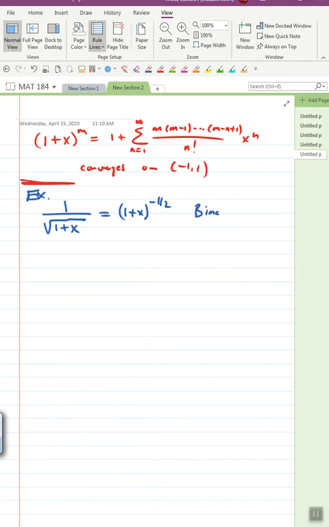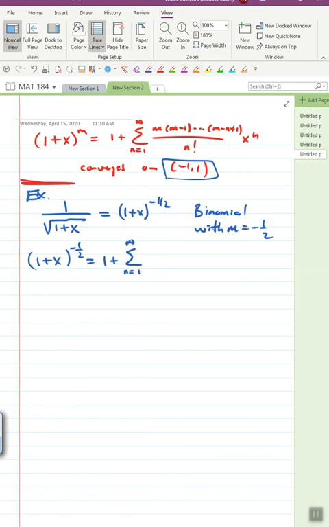This is definitely binomial with m equals -1/2. Which means on my interval of convergence, my formula says that (1 plus x) to the -1/2 should be 1 plus the infinite series, n equals 1 to infinity.